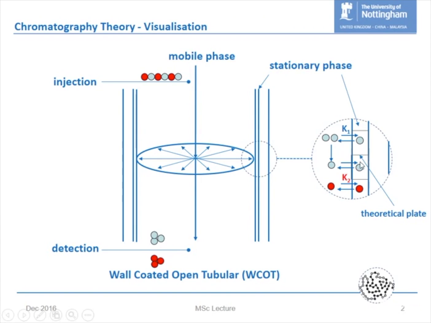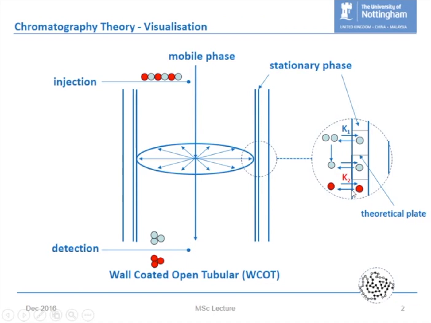The more theoretical plates you have, the more of these equilibria processes you've got going on, the greater the chance you've got of differentiating between molecules. Because the molecules can be quite subtly different, so you need lots of these interactions to go on. So if I move further down on this figure, we've got another molecule depicted by the red coloration.